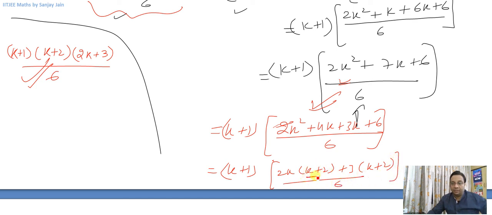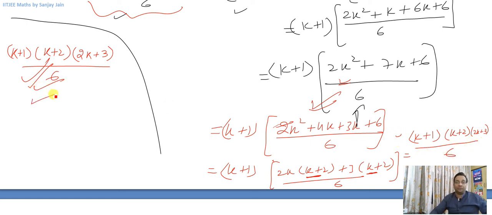Now you can take (k+2) outside, so it can be written as (k+1)(k+2)(2k+3) divided by 6. This is what you were looking for. If you get this as your result, then you can say that P(k+1) is true.